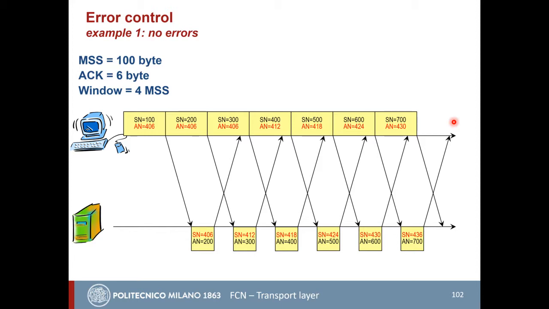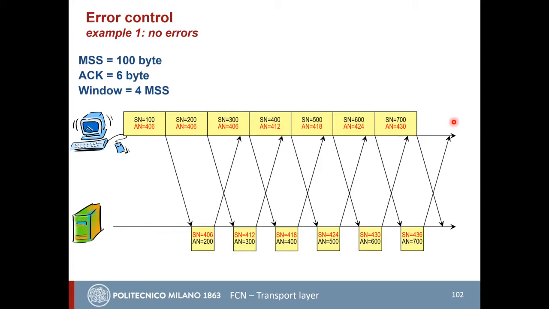Acknowledgement number 200 means that this guy here has received all the bytes from 100 to 199, and it is waiting for byte number 200.